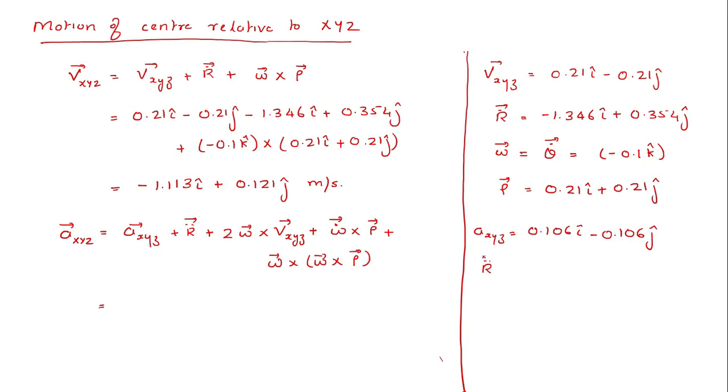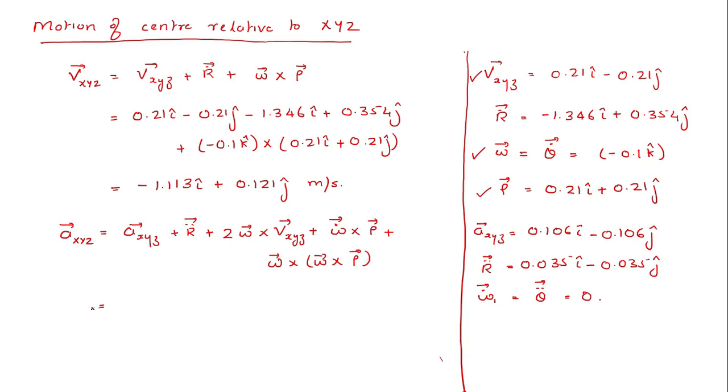R double dot vector is equal to 0.035 I cap minus 0.035 j cap. Omega vector, we already know, is theta dot vector, and V xyz we also already know. Omega dot vector actually represents theta double dot vector, which we know is 0, and rho vector is also given.